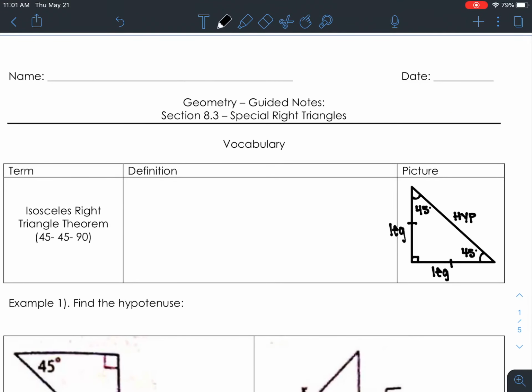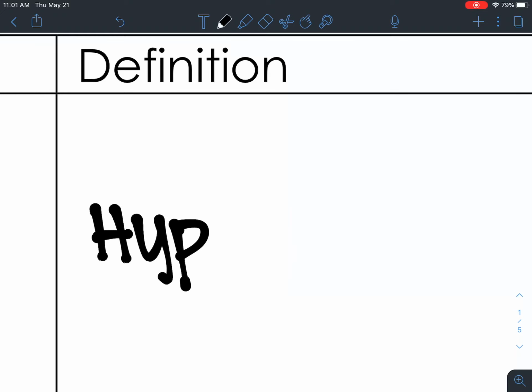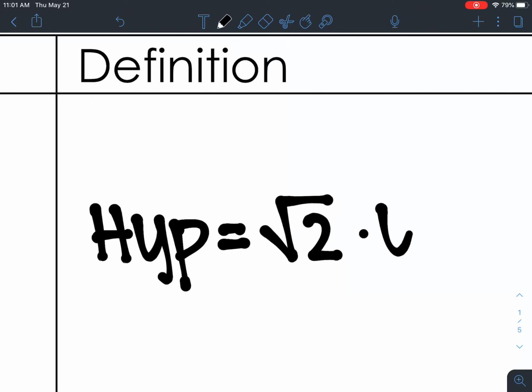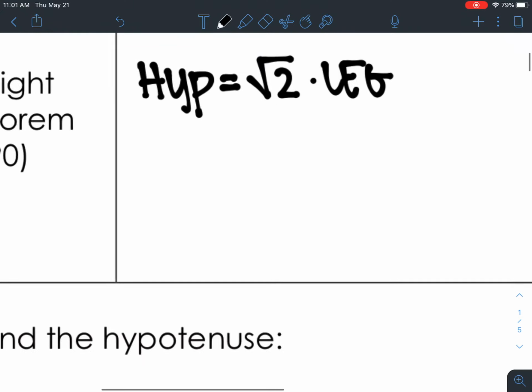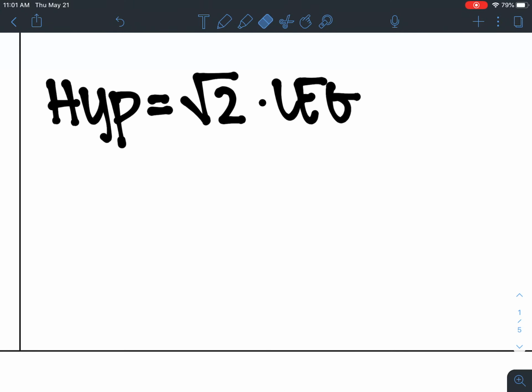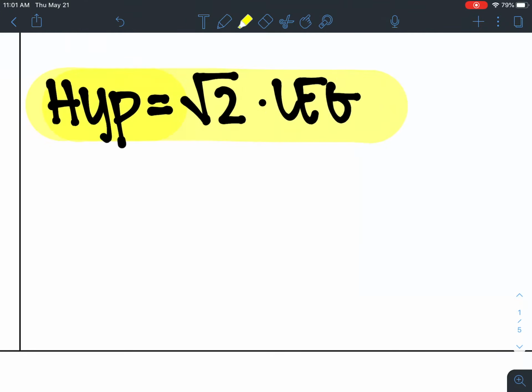In an isosceles right triangle, the formula that we have is that the hypotenuse is equal to the square root of 2 times the leg. So that note card that I told you to have for 8.1 and 8.2, I would bring it back out, because you're going to have 3 more formulas today. So the hypotenuse is equal to square root of 2 times the leg.